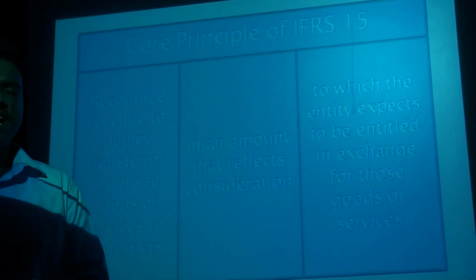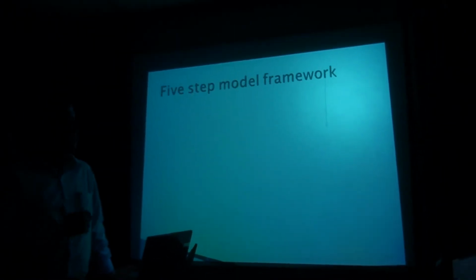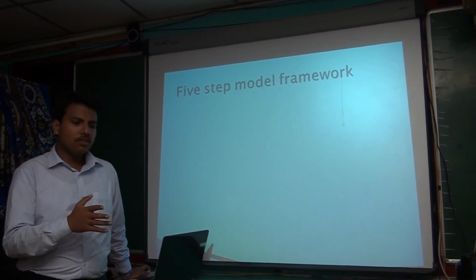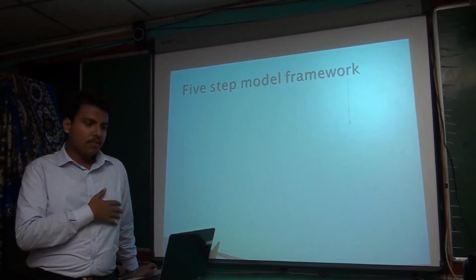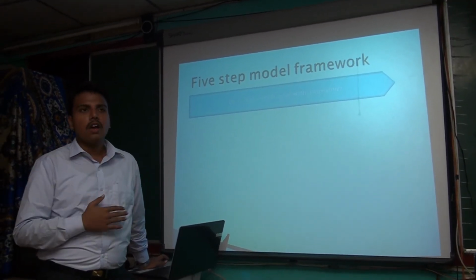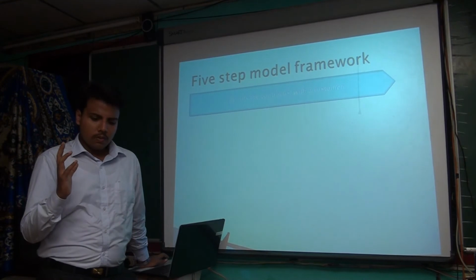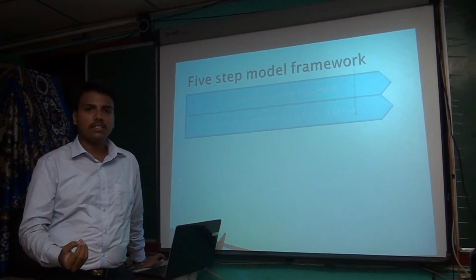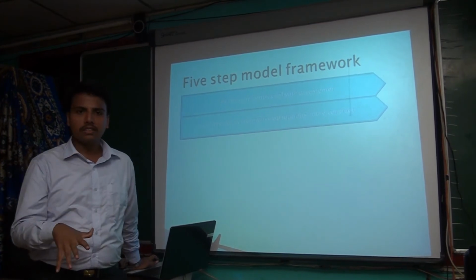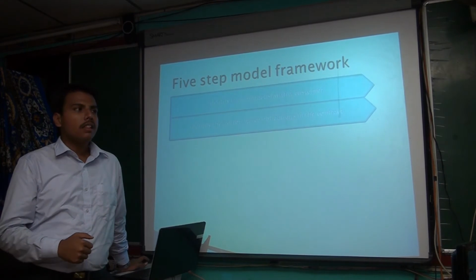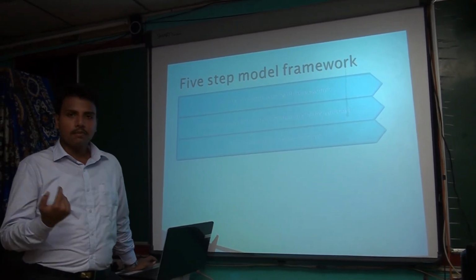Putting it simply, IFRS 15 specifies what is called a 5-step model framework. Once we go through this 5-step model framework, we can recognize revenue. The first one is to identify the contract with the customer. Once we know the contract with the customer, we have to identify the performance obligations in the contract. Say we have 5 obligations in the contract: performance obligation 1, 2, 3, 4, and 5. Then we have to determine the transaction price.